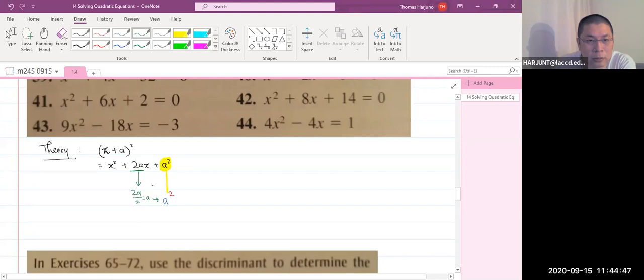Okay. Now notice that the leading coefficient here has to be 1. The coefficient of the square, x squared, needs to be 1.